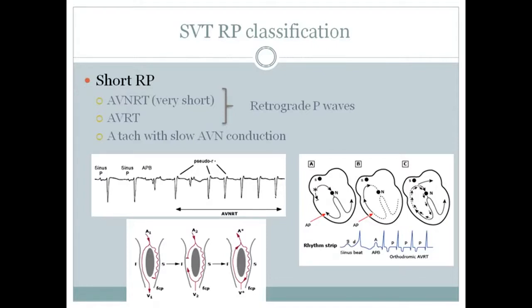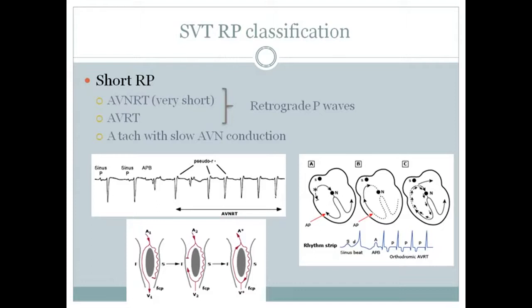We're going to see short RP tachycardias whenever we have retrograde P waves, meaning the ventricle is activating and then the atrium is activating, as we saw in AV-NRT. What happens is the impulse goes down the slow pathway, reaches the ventricle, and immediately goes up to the atrium, and you see an R wave right there. That's a classic short RP.